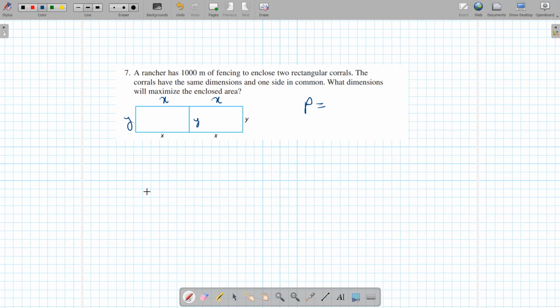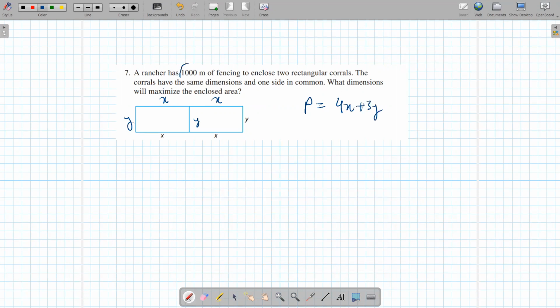So if you add all of them up, what do you get? 4x and 3y. The perimeter is 4x plus 3y, right?